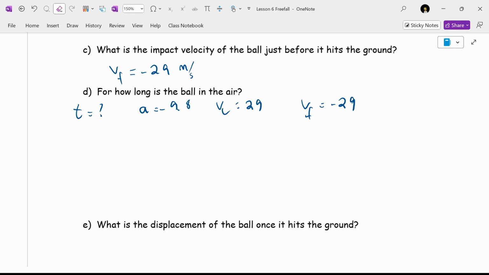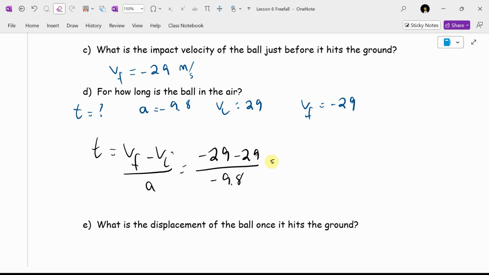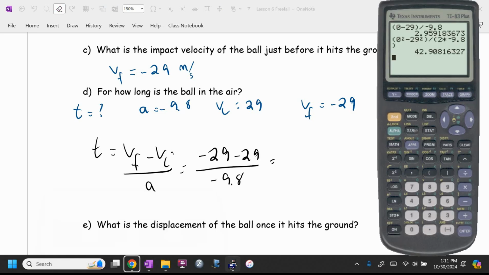Get the t by itself, please. Negative 29 minus 29 all over negative 9.8. I got 5.92, yes? Seconds.